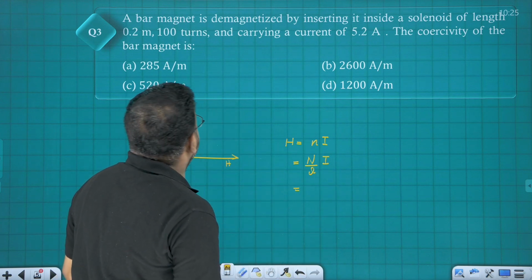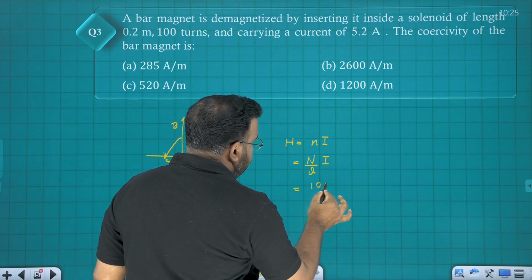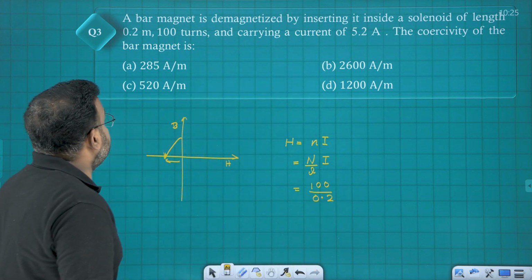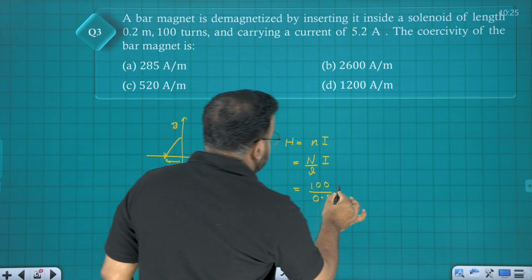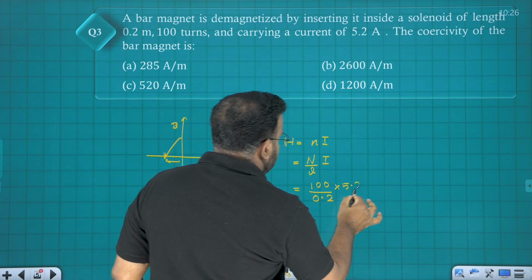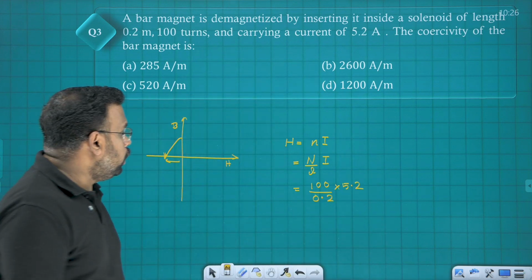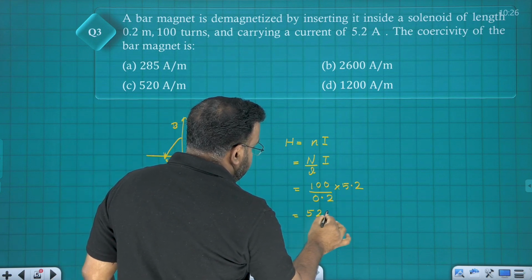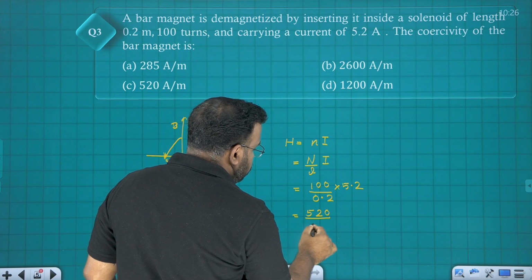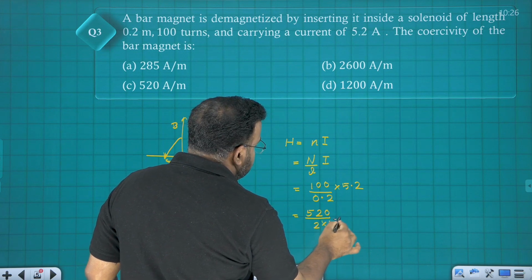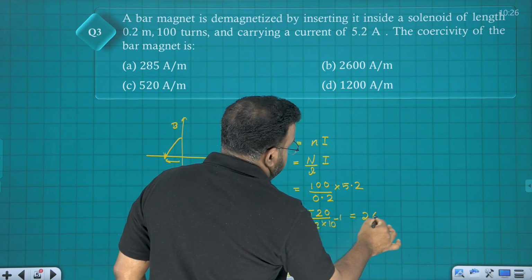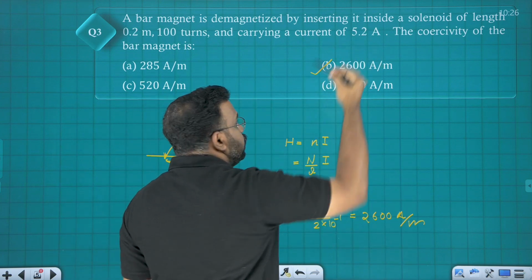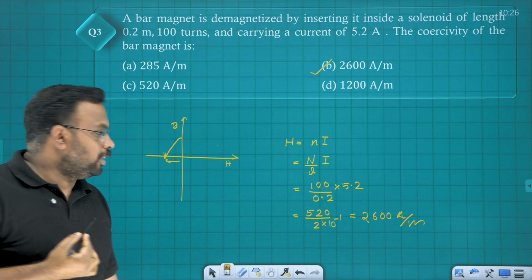So capital N is 100 divided by 0.2, into I. I is 5.2. So 5.2 into 100 will become 520 divided by 0.2. 0.2 is 2 into 10 to the power minus 1. So we get 2600 ampere per meter. Again an easy question. Answer is 2600 ampere per meter. Option C is the right answer for this.